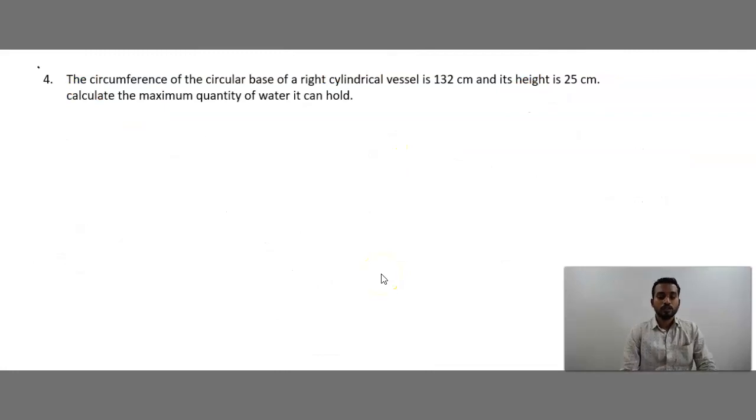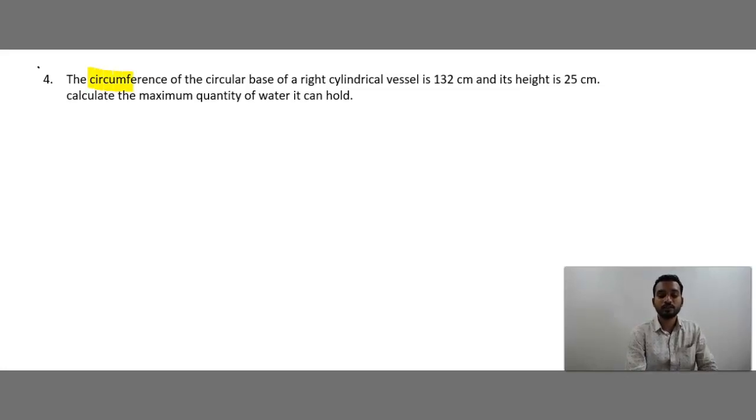The circumference of the circular base of a right cylindrical vessel is 132 cm and its height is 25 cm. Calculate the maximum quantity of water it can hold. So what is the data?